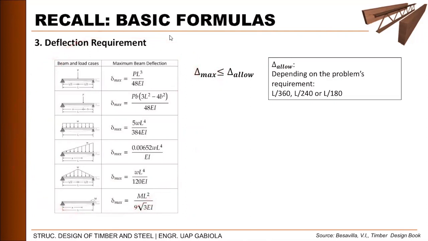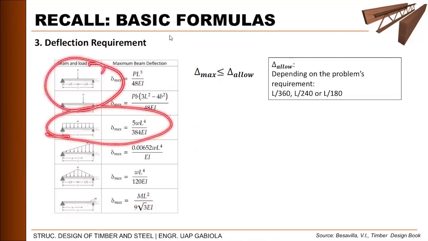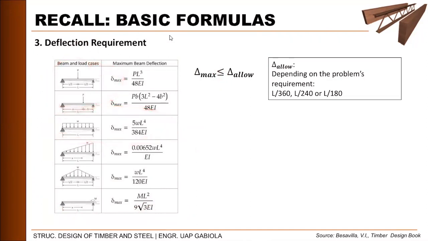If it's a combination of two setups, let's say we have a uniformly distributed load and a concentrated load acting at the center, we can use these two formulas, the one for the uniformly distributed load plus the one for the concentrated load, to consider the effect of both forces on our maximum deflection of the beam. So you just need to add them.